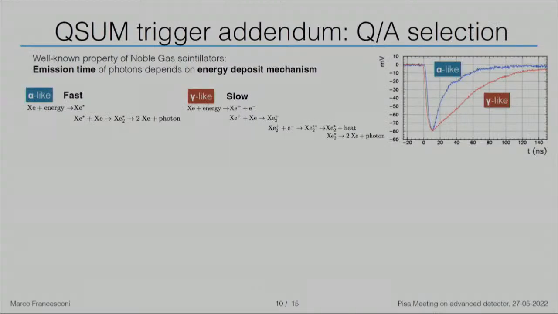A very quick addendum on the QSUM trigger. We can actually do a Q over A selection. In particular, this is useful because we are using noble gas scintillators. And as you may know, they exhibit a different decay path depending on the source of the ionization. For MIPs, like the alpha particles, the decay time after the hit is much faster with respect to the gamma-like ones.